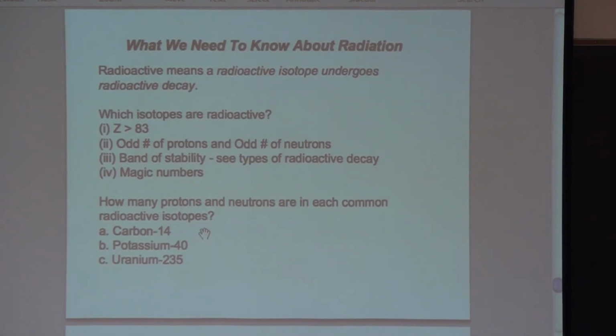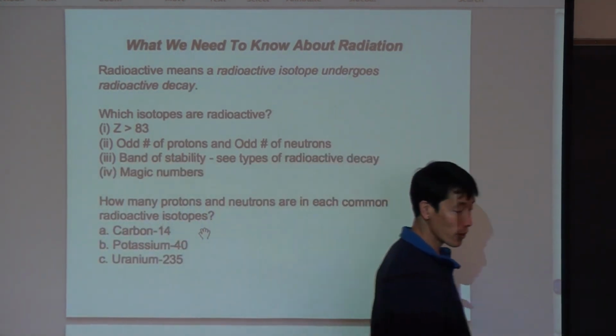So let's just do this as a review. How many protons and neutrons are in carbon 14? Here's carbon 14. This is the mass number, and this is the atomic number. Based on those two numbers, how many protons and neutrons are in carbon 14?